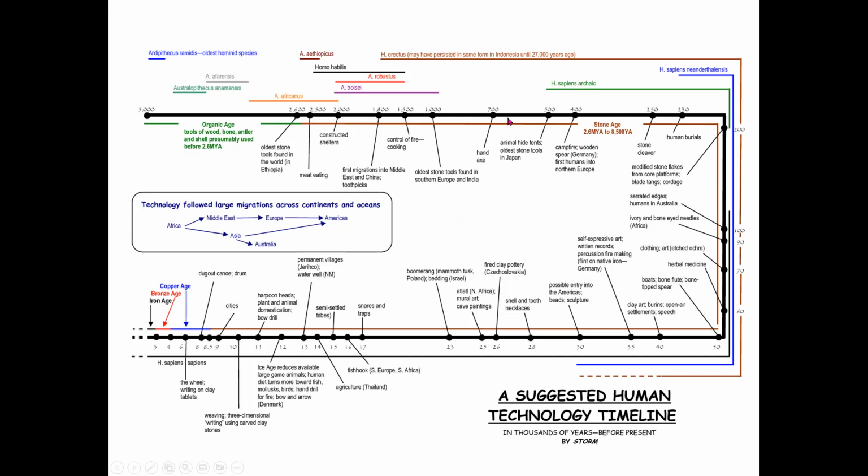Now, as time goes through, what this slide is about is the different technologies, made mostly of stone, and fire. That took a while to develop, and it wasn't until fire was developed that man was able to cook the food rather than eat it raw.